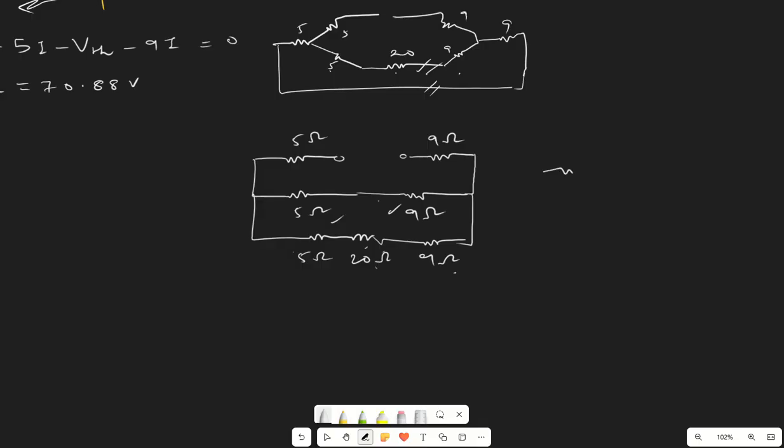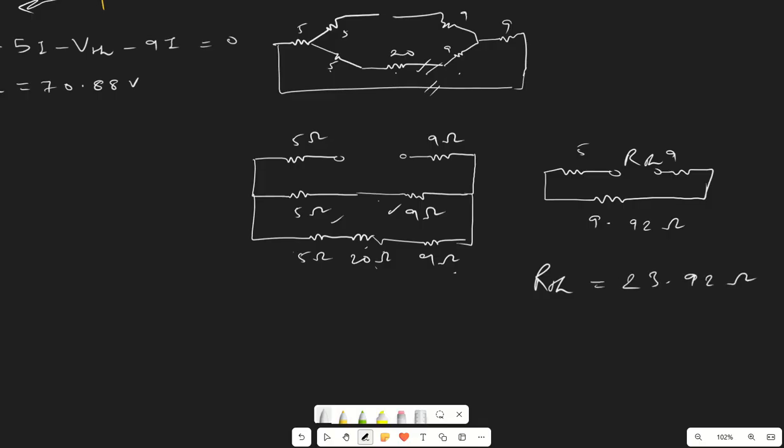So 5, 9 and this will come out to be 9.92 ohm. After combining all these three, because they are in series, the value of RTH is 23.92 ohm.